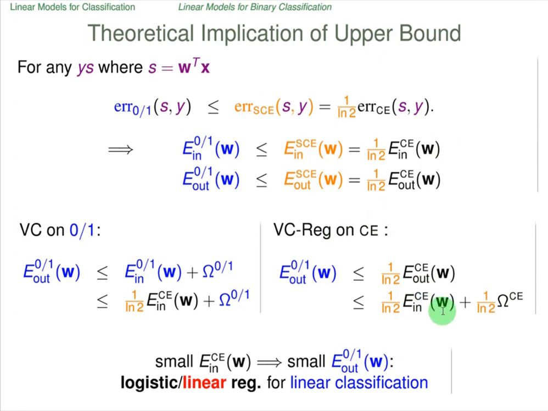That allows us to think about using hypothesis logistic or linear regression, which is obtained by minimizing cross entropy error or squared error function, since we can show that the small in sample error of cross entropy for logistic hypothesis can also lead to a small in sample error of 0-1 error function. And then we know that both hypotheses use a linear scoring function for classification.